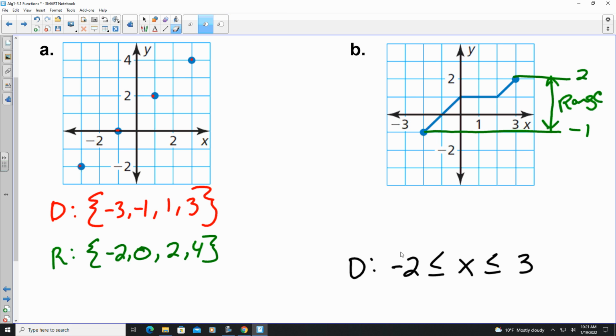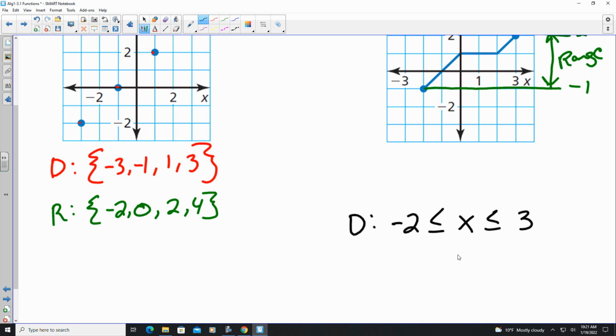So any value of y can be part of our range. So y is going to fall between -1 and 2. So I'm going to now write this as an and statement.